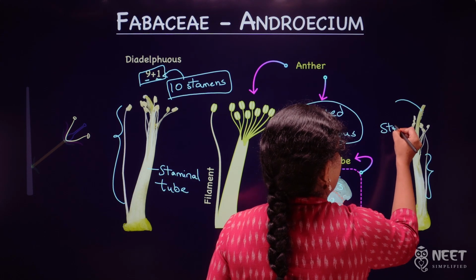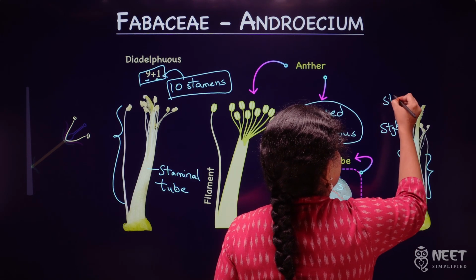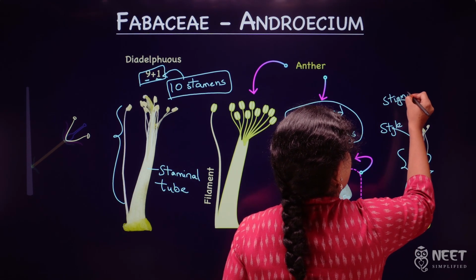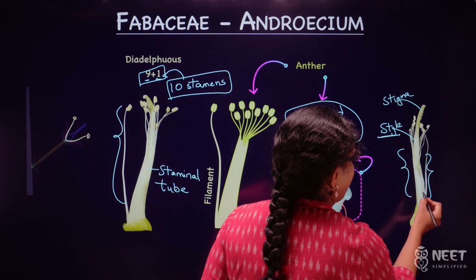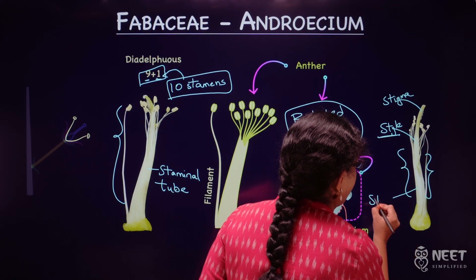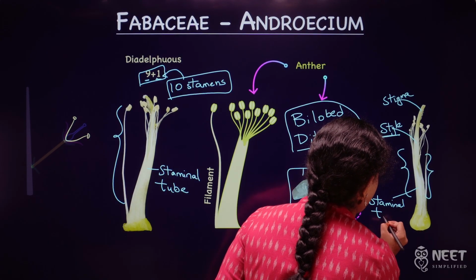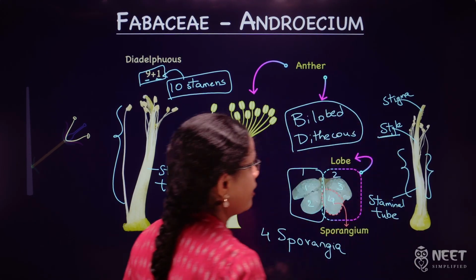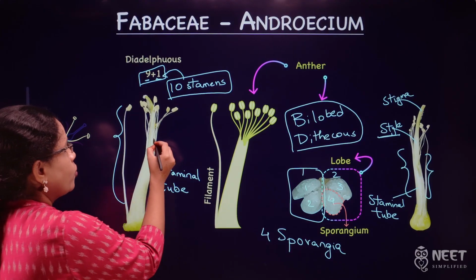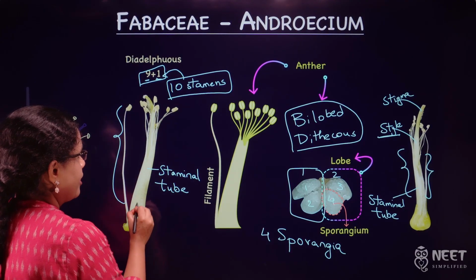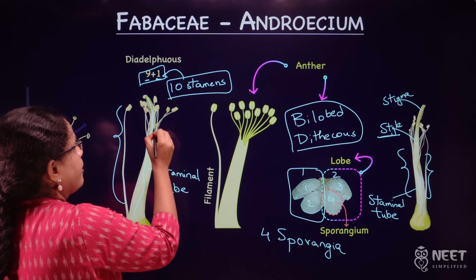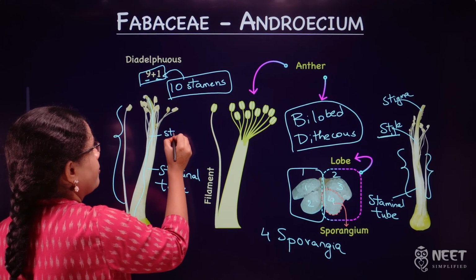This is our style here and stigma. You will see the style is passing through the staminal tube without getting attached anywhere, without getting fused anywhere, right? Here also you can see through the staminal tube, you are seeing the passing of the style.